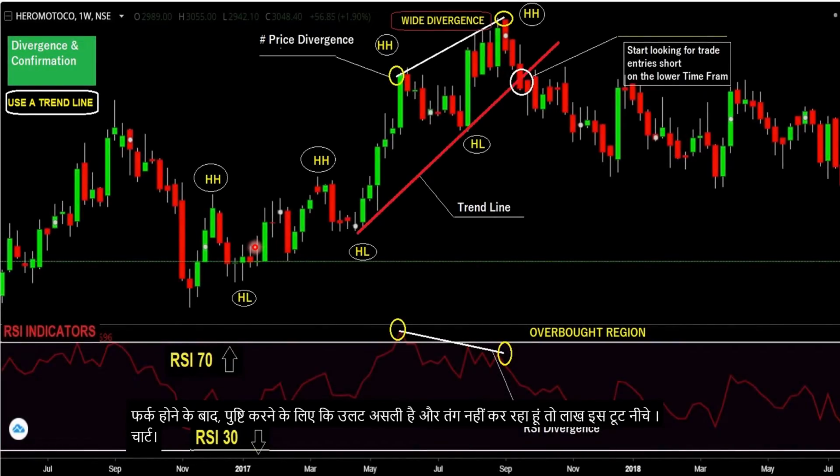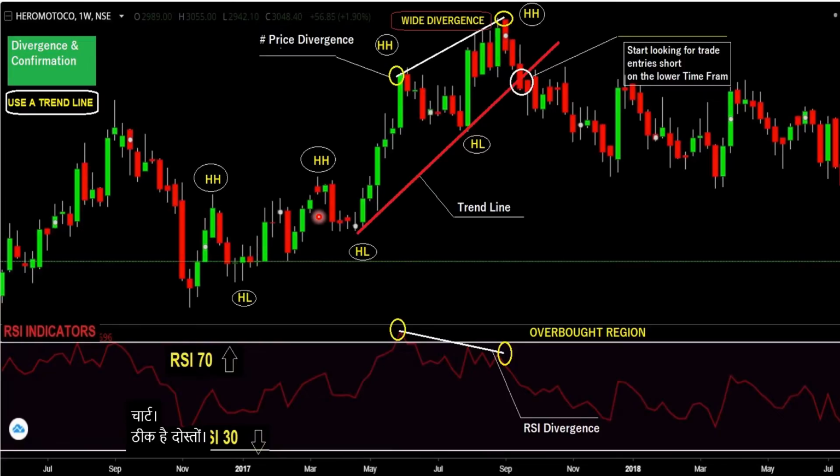Okay, guys. So this is the Hero Honda chart. This is a clear moving uptrend, as price is making higher highs and higher lows. So understand: run, pull back, run, pull back, run, pull back, run.